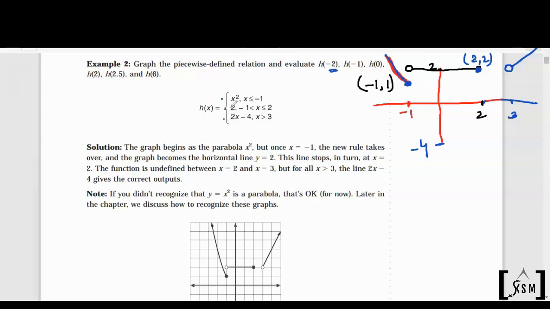Which function should we go to? We should go to the first function, because the x value is -2 they're talking about. And in the first function, the x value is less than or equal to -1. So we can only go into the first function because -2 lies in that category, right?